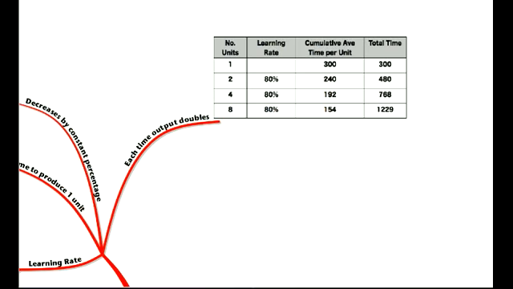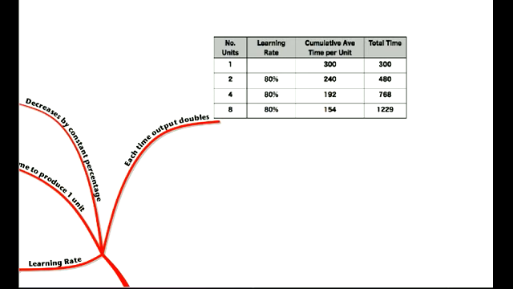Now where we use our 80% is we apply it to the 300. So 300 for the first unit times 80% will be 240, and the 240 is the average time taken for 2 units. So the total time taken will be the 2 units times the 240. The average time per unit will be 240.